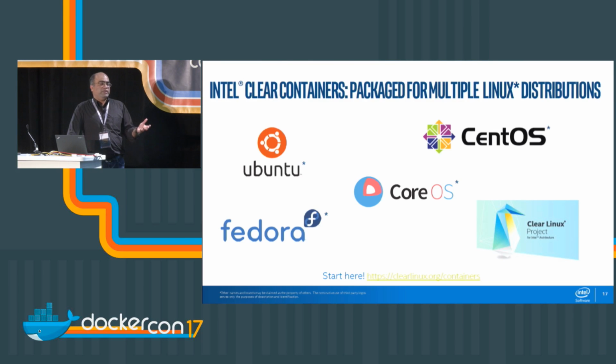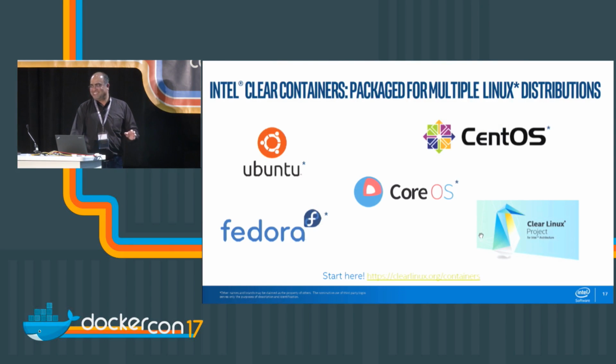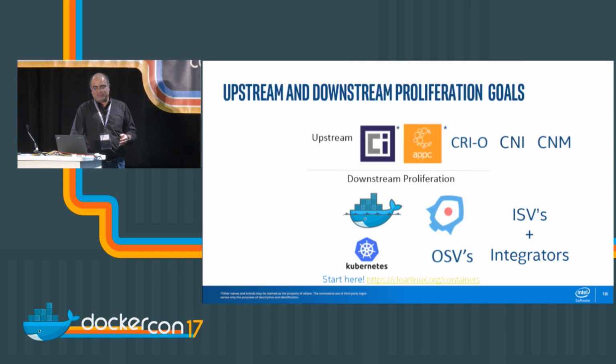And we are not linked to any particular distribution. Today, we provide packages for Fedora, Ubuntu, CoreOS, CentOS, and Clear Linux. But this is just the places where we provide packages. There is not much dependency on the host system. We are self-contained, so we can support any Linux-based host that you want.